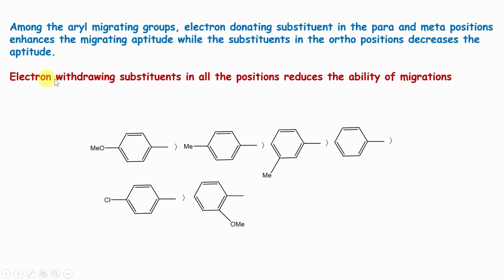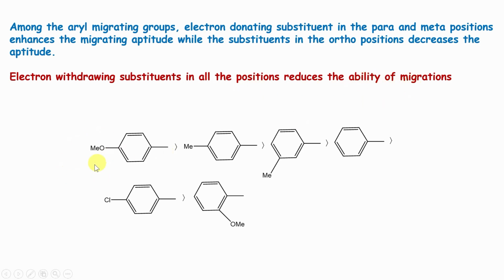Whereas electron withdrawing substituents in all the positions, maybe ortho, para or meta, reduce the migratory ability of the aryl group.